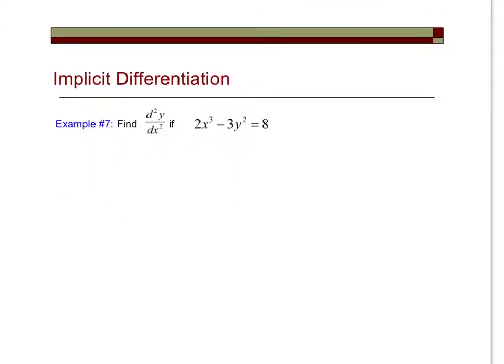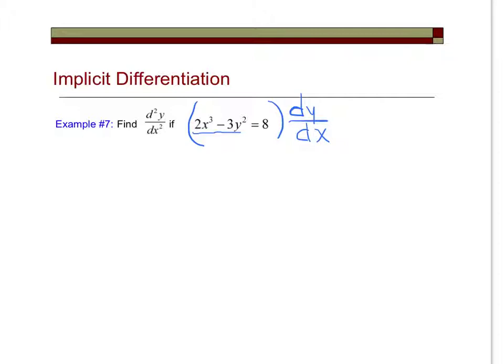Okay, so here you notice we're having to take the second derivative of this function. And by looking at the function, we can see that the variables are on both sides of the equation. So we're going to have to look at it in terms of dx, dy. So I'm going to take the derivative of both sides of the equation, but it's in terms of x.